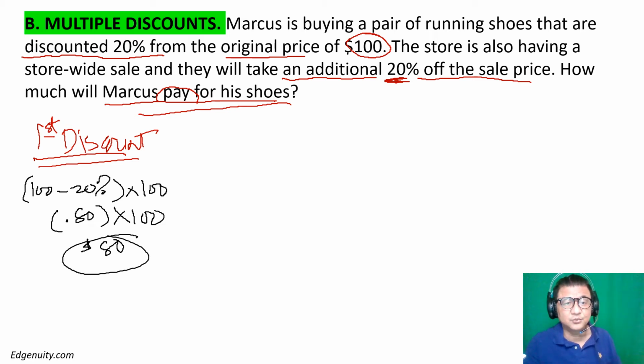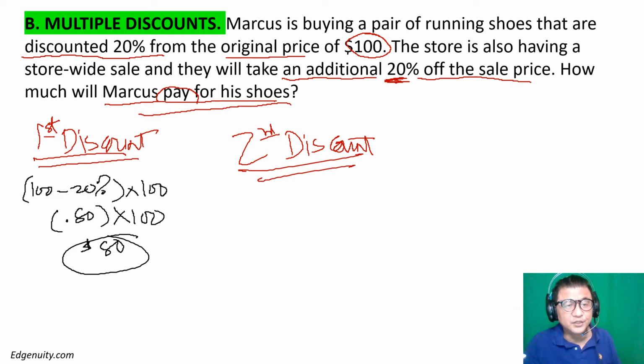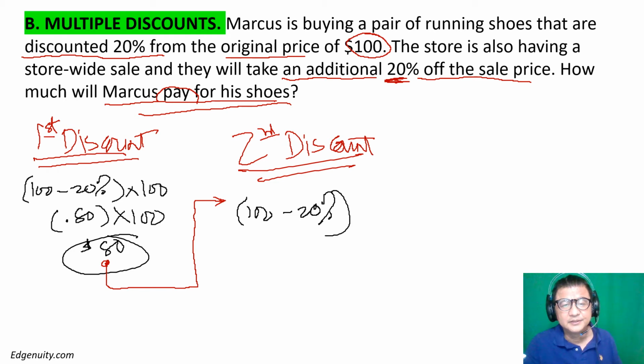But guess what? You will have an additional 20%. So second discount. That means you will use the 80. You're not using the 100. You're using the 80. Okay? So again, you're paying not 20%, 100 minus the 20%, and then you can multiply it now by 80.